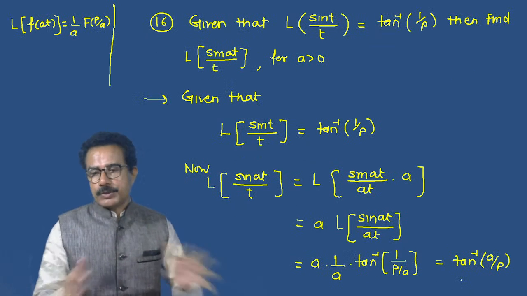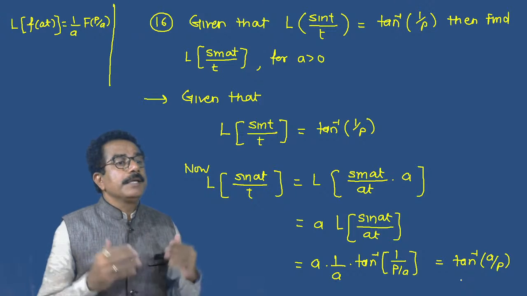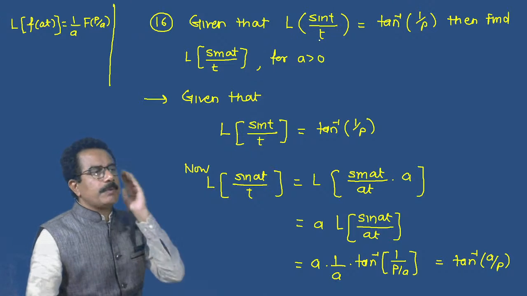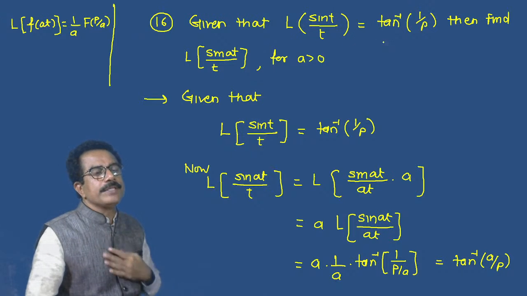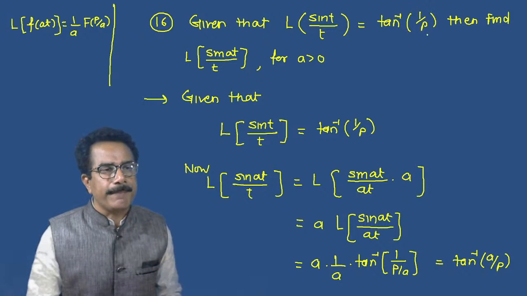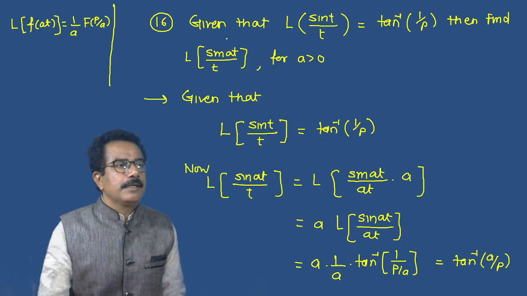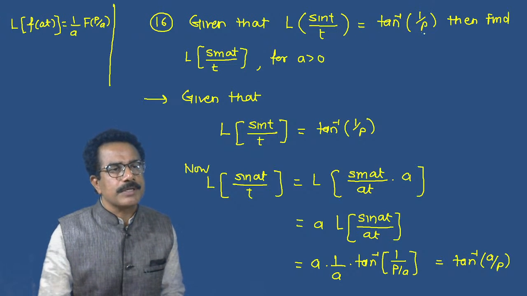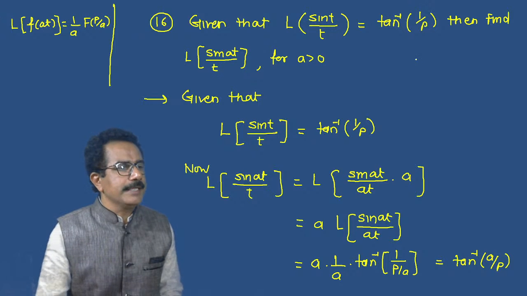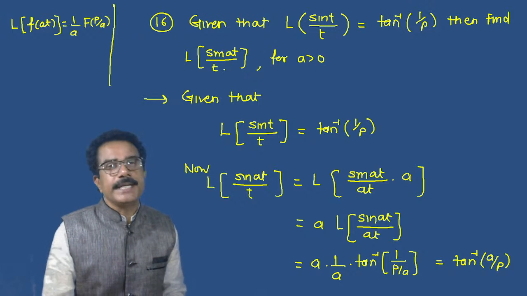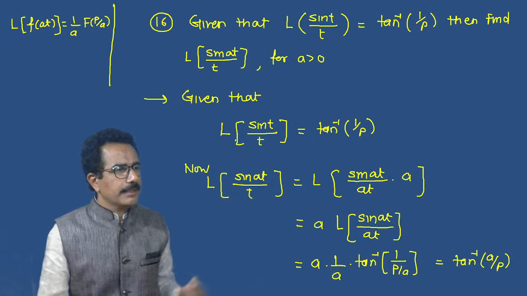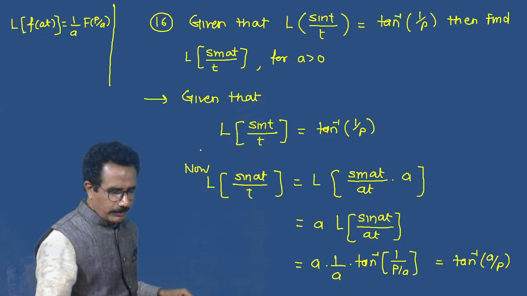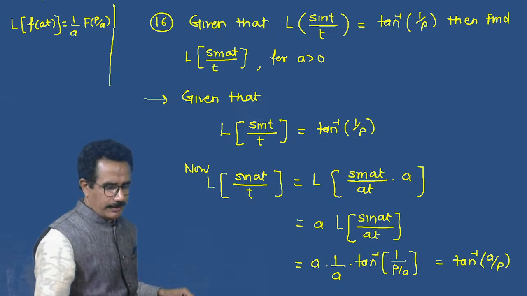Okay. Next we have to calculate the next problem. Given that the Laplace transformation of sin t divided by t is equal to tan inverse of 1 by p, then find the Laplace transformation of sin at divided by t.